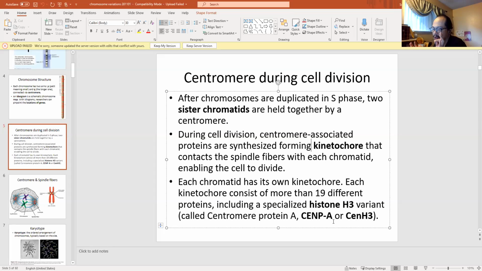We also know that histones can be modified by methylation, etc. This special histone located in the centromere is a variant of histone H3, and this specialized histone H3 is called CENPA. So that is one important component in the kinetochore.